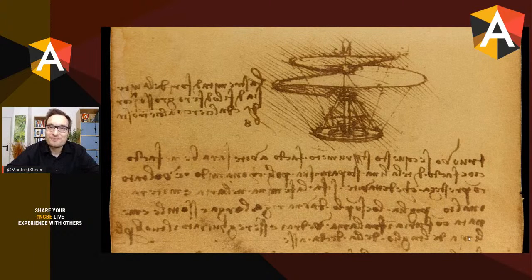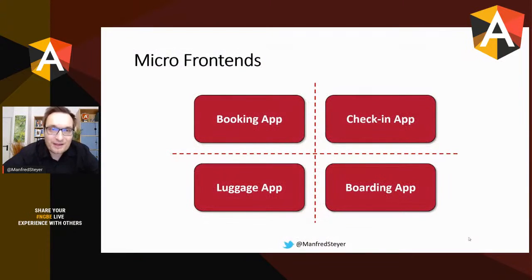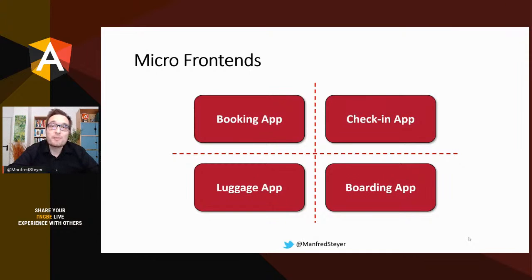How cool is that? And this story reminds me somehow of micro frontends, because the idea has been around for several years, but there was not the right material for building it. But what do I think when talking about micro frontends? Well, I think about a big software system which is subdivided in tiny parts. And those parts are individual applications.